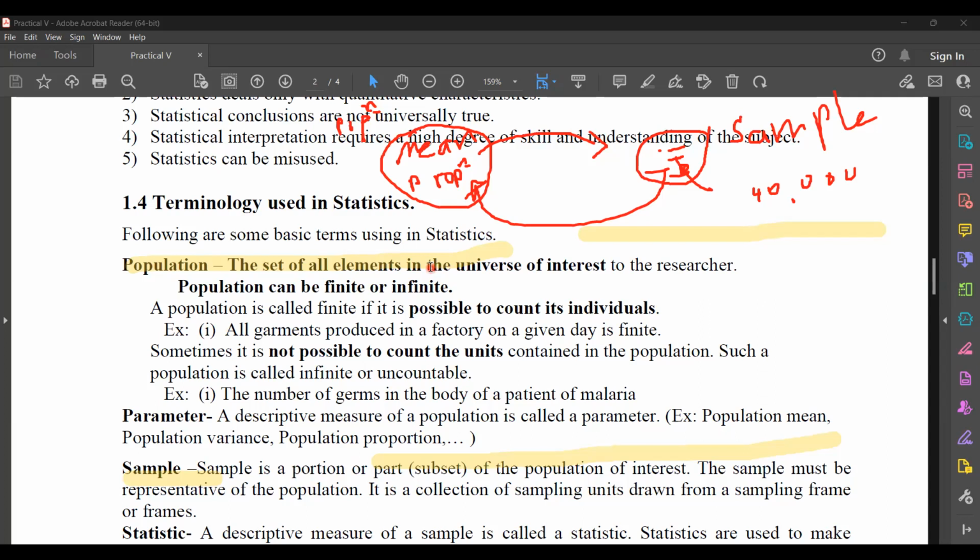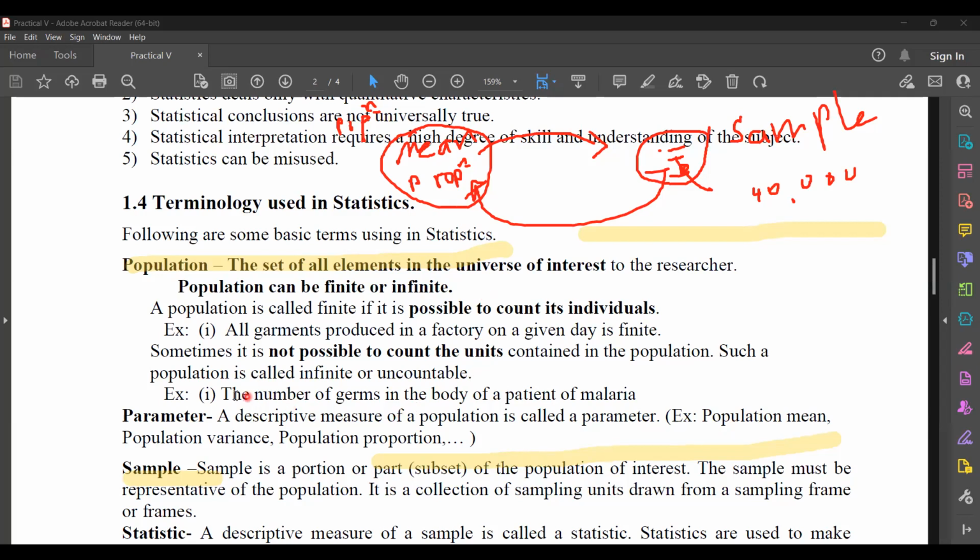This population can be finite or infinite. Finite means if it is possible to count the individuals in the population, then it is called a finite population. Sometimes it is not easy, or not possible, to count how many elements or individuals are in the population.